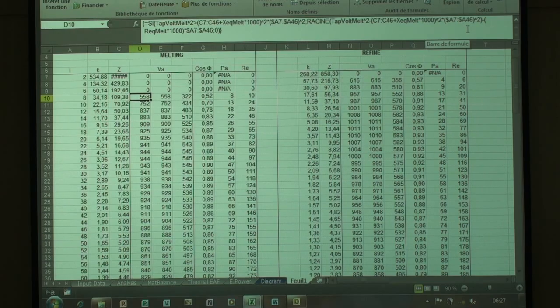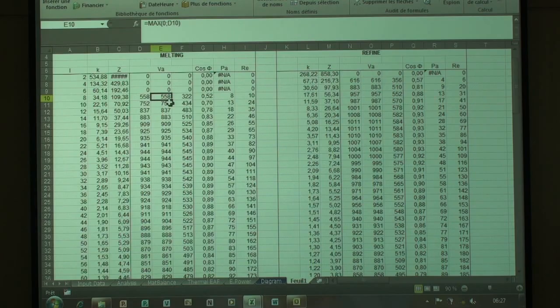Square the current. So this is the impedance term, and this is your resistance term. Then from this, just to avoid a negative value or stupid stuff, I take the square root.